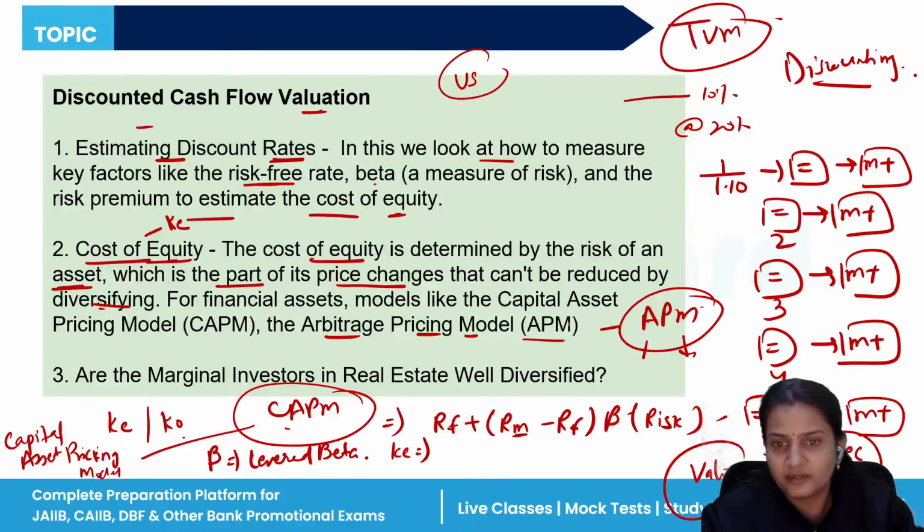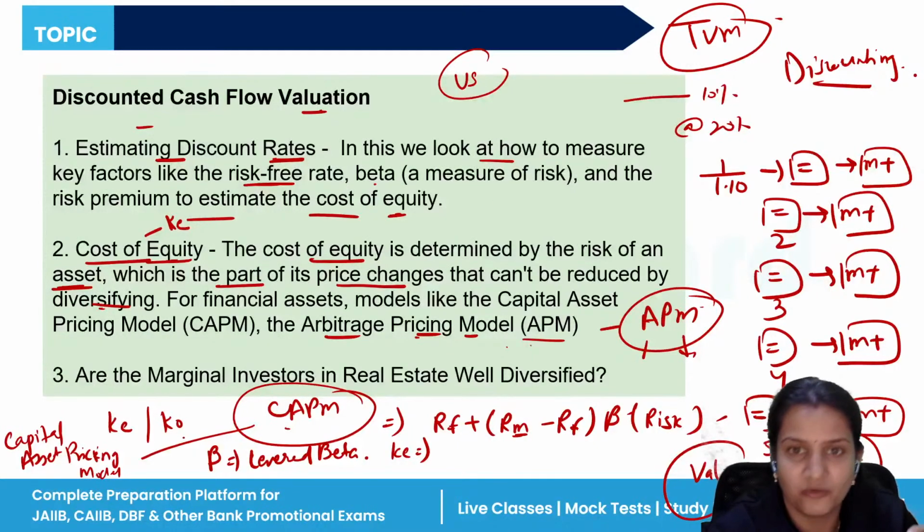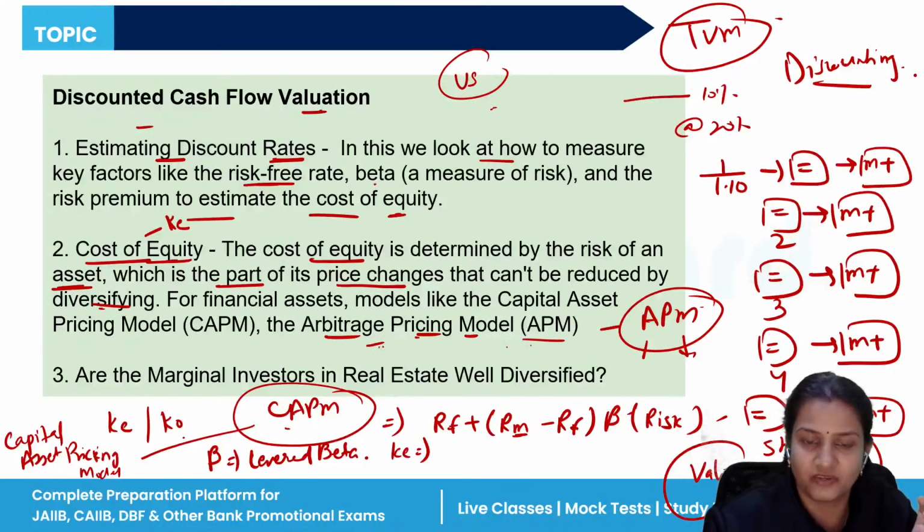So two types of numericals we have done. Everything is related to each other, just the ways they have been bifurcated. In module B, we have done the arbitrage pricing model.